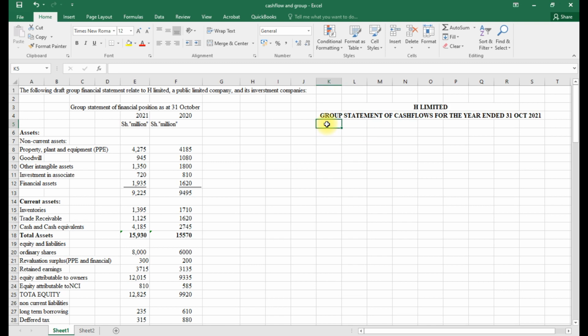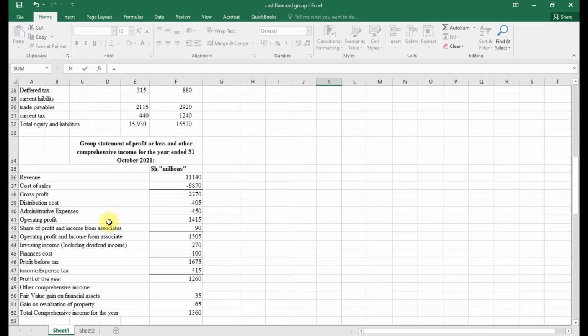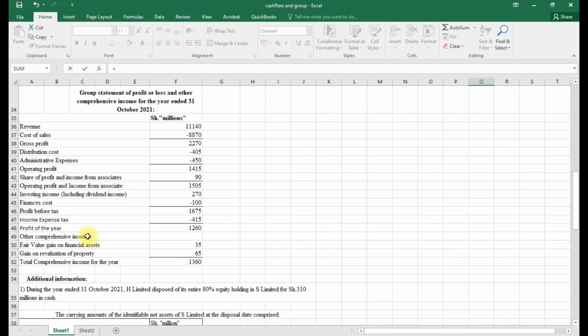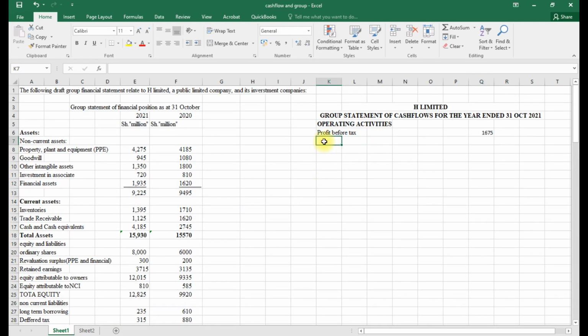I'll start with operating activities, and when you look at our operating activities, we start with the profit before tax. And our profit before tax, we had a value of 1617.